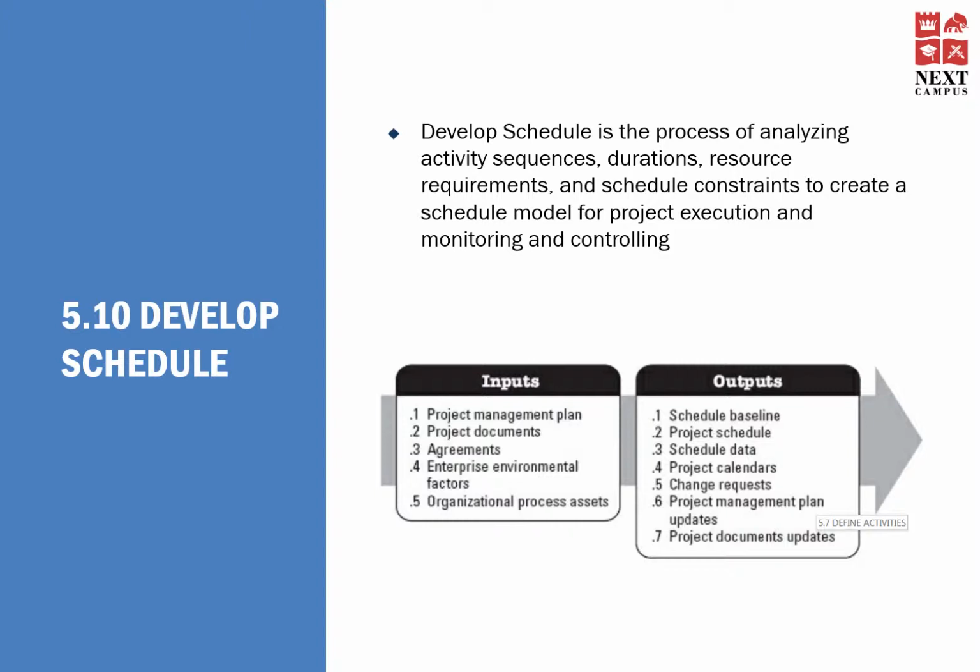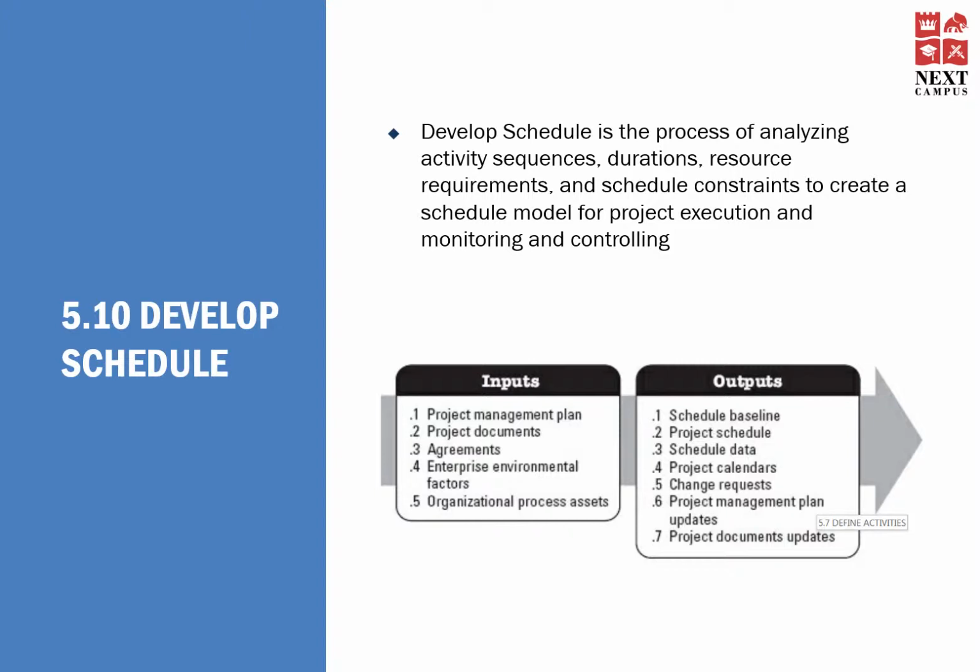The next process involved in developing a project management plan is develop schedule. Develop schedule is a process of analyzing the activity sequences, durations, resource requirements, and schedule constraints to create a schedule model for project execution and monitoring and control.